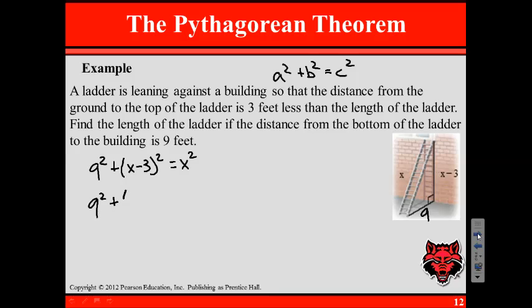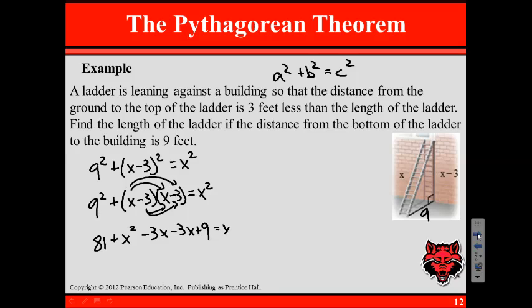So 9 squared plus x minus 3 times x minus 3 equals x squared. Let's start simplifying. 9 squared is 81 plus, we need to FOIL where we are multiplying two binomials. And that will give us x squared minus 3x minus 3x plus 9 equals x squared.